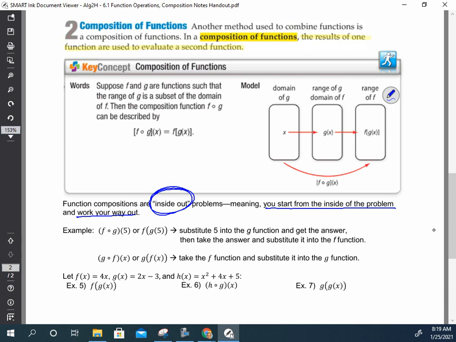So composition can be represented 2 ways. The first way that I just underlined looks like the word fog. You have F, an open circle, and then G of X. Or you have the 2 functions just smashed into each other, so there's one inside of the other.